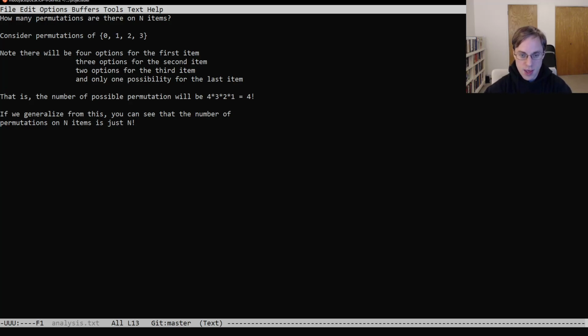Now the next question we might ask: what is the first permutation on a set? And the answer is just going to be the items in ascending order.